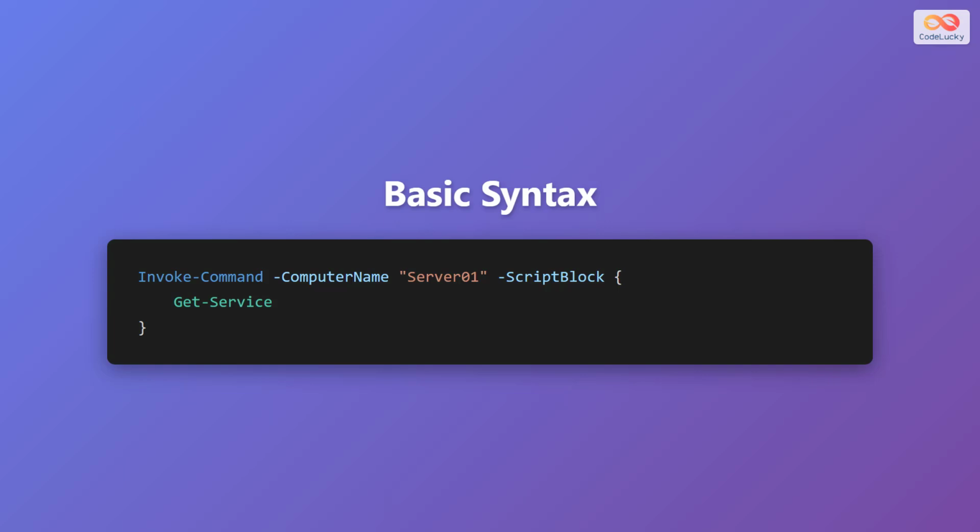Here, we are running Get-Service, which will retrieve all services running on the remote server. This is the simplest form of Invoke-Command, executing a single command on a single remote computer. The remote machine must have PowerShell remoting enabled, and you must have appropriate permissions to connect to it.